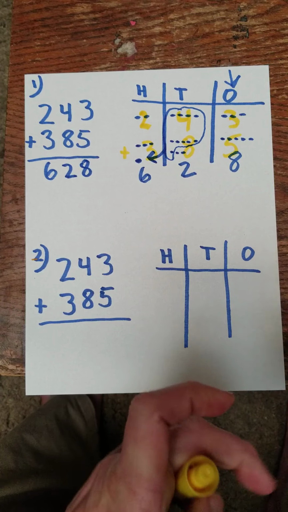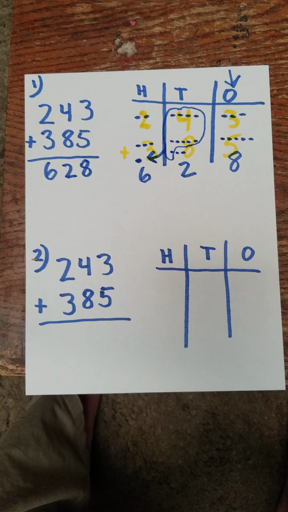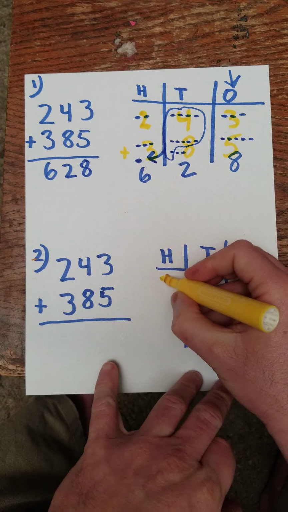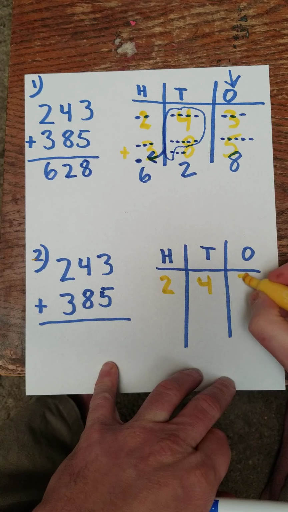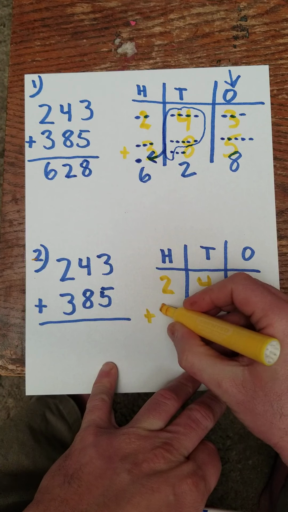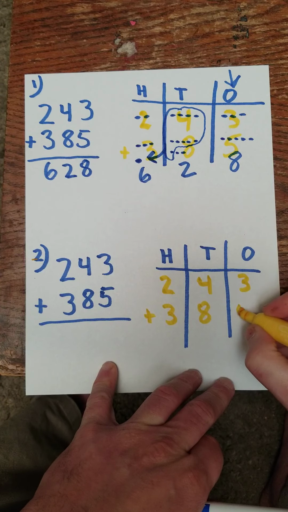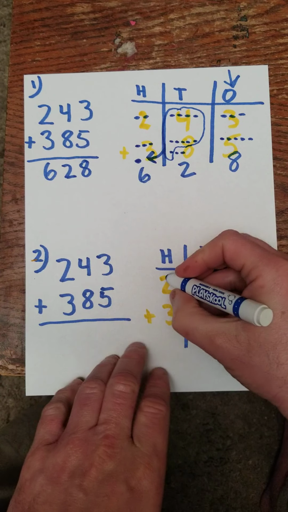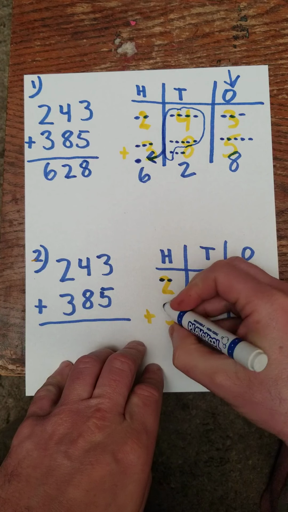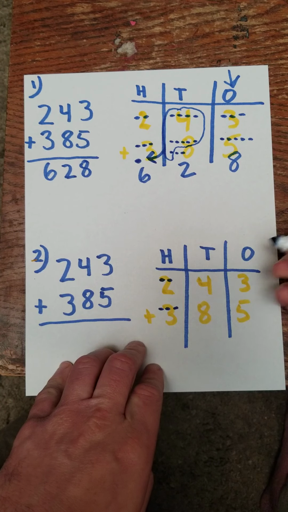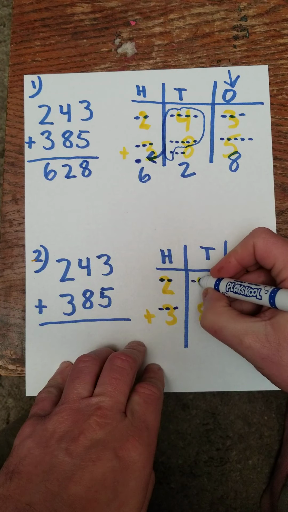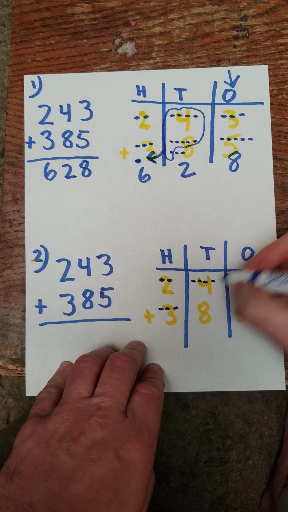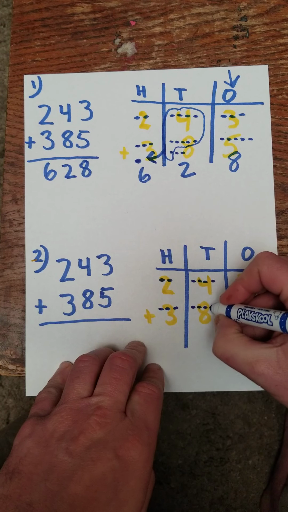For number 2, same thing. We have 243, and we're adding 385. So we start with 200s, and we're adding 3 more. We start with 4 tens, and we're adding 8 more.